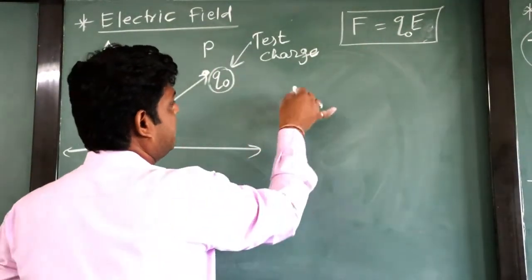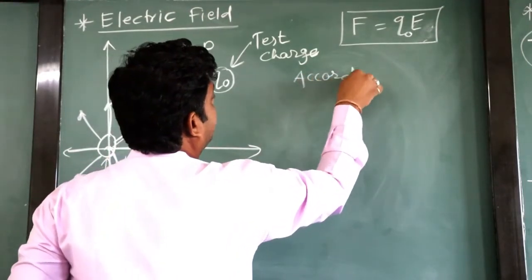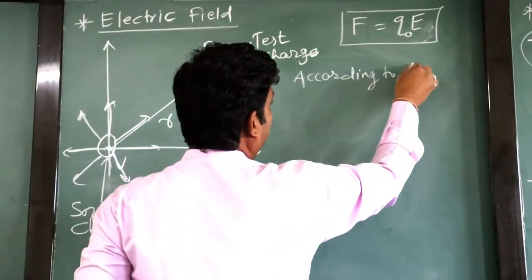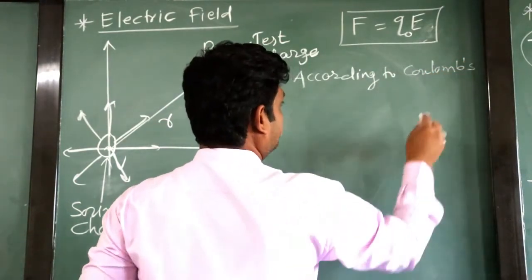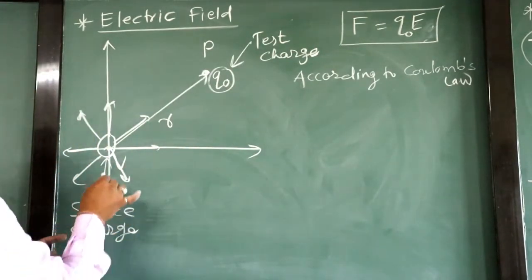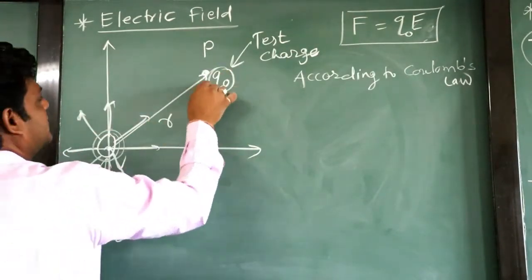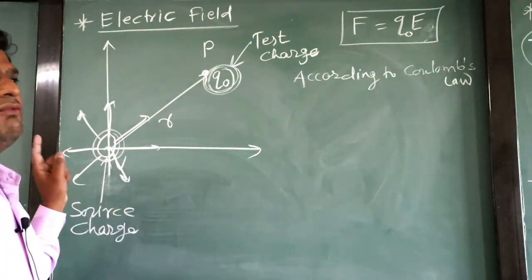The second concept, according to Coulomb's law. According to Coulomb's law, what can we say is the force between these two charge particles? This is the first charge particle, this is the second charge particle. So according to Coulomb's law, what is the force between them?